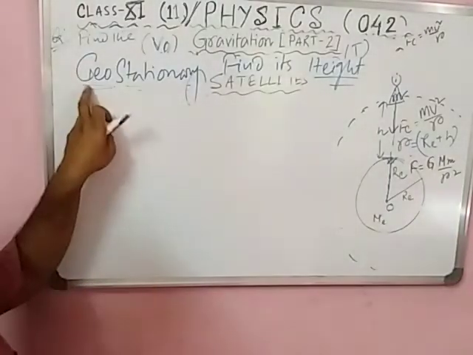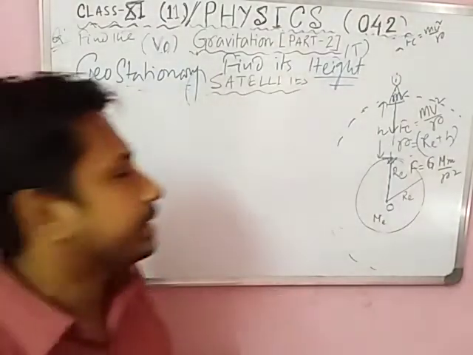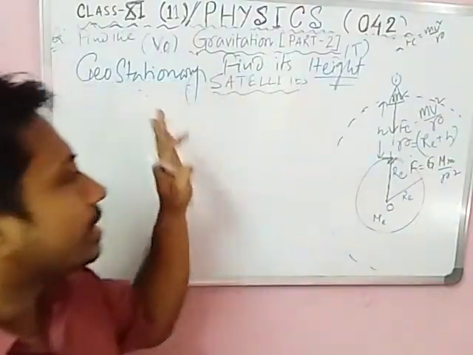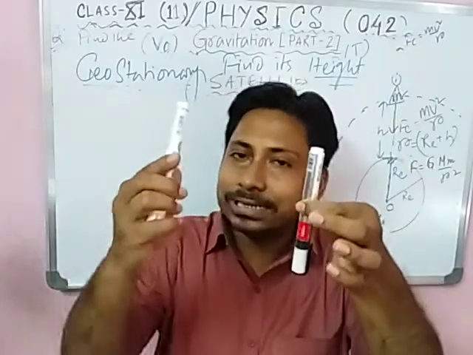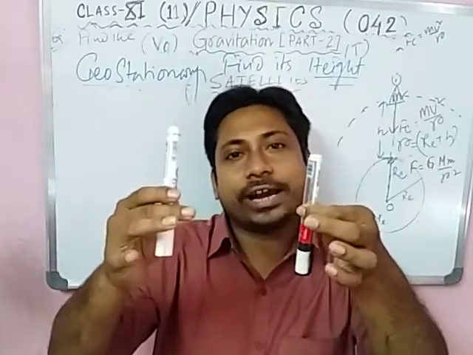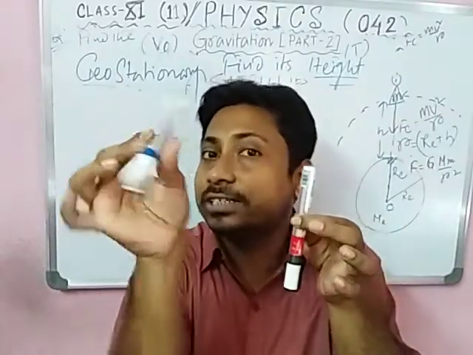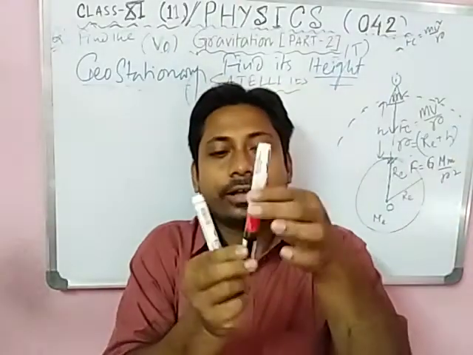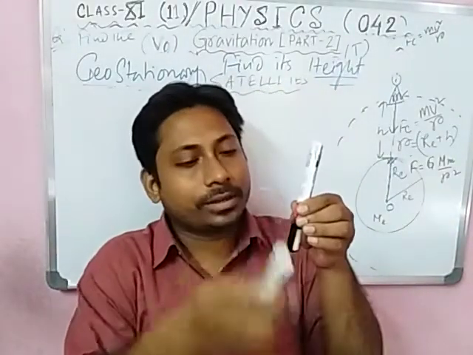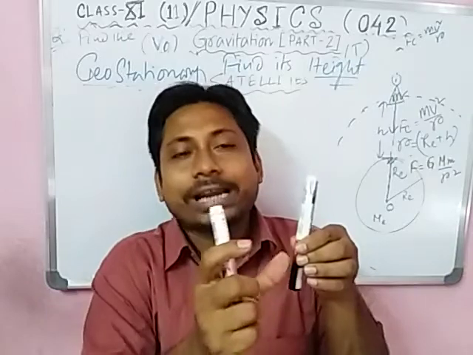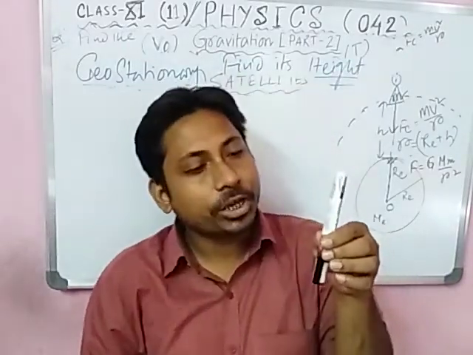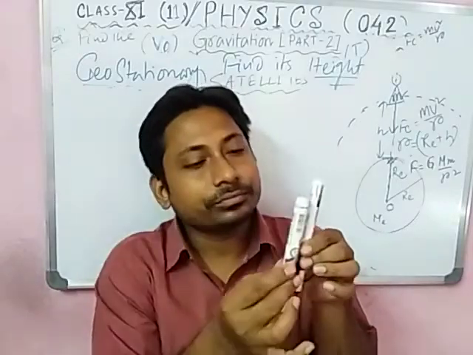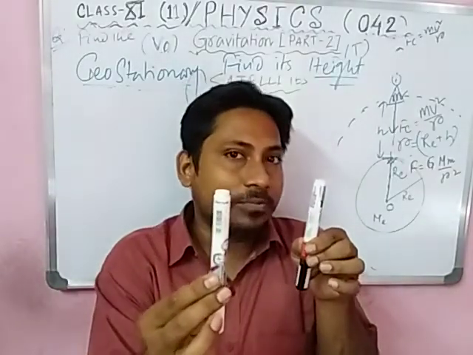So what is called geostationary? Geo means earth. Stationary means fixed. Suppose this is earth and this is an artificial satellite which is called a geostationary satellite. Now think, see the indicator. There are some conditions to place the geostationary satellite. Number 1, you have to place it at the equator of the earth.